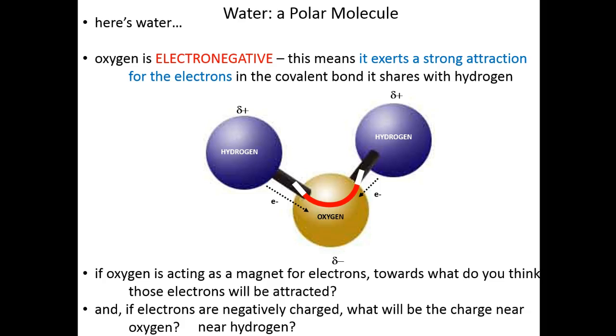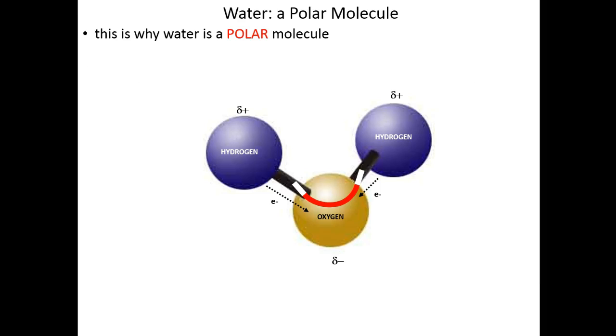And the answer there is a partial positive charge. Both of the hydrogens of oxygen have a partial positive charge because they're electron deprived. The electrons are spending far less time around hydrogen, and because the electrons are negatively charged, negative charge is spending far less time around hydrogen, making that hydrogen more positive than it would normally be.